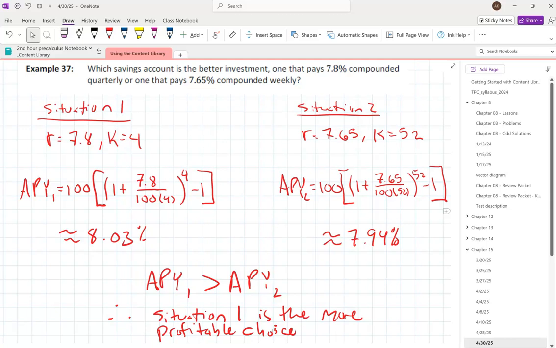And I think, if I recall, it's been a while, but when I was shopping for my mortgage, the loan companies are required to report to you your options in terms of APYs.